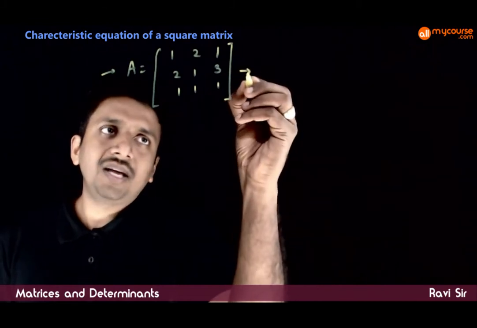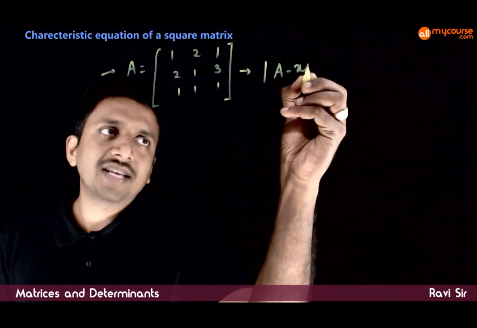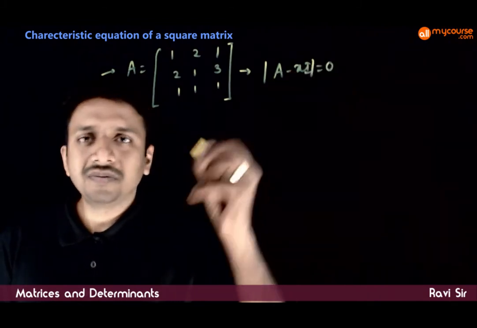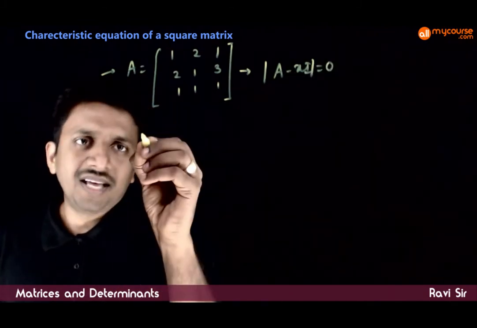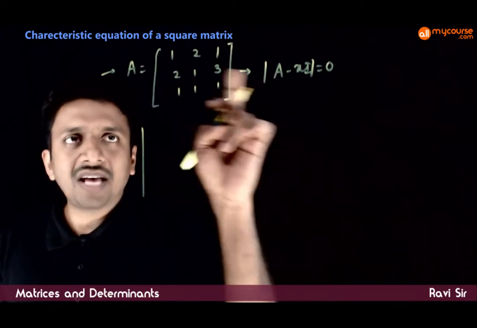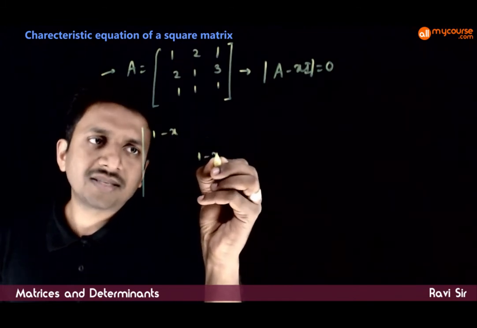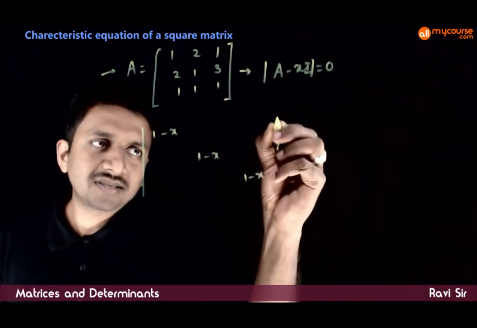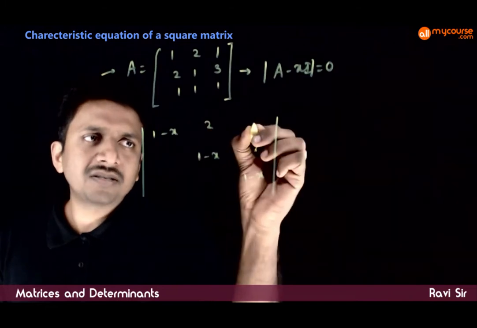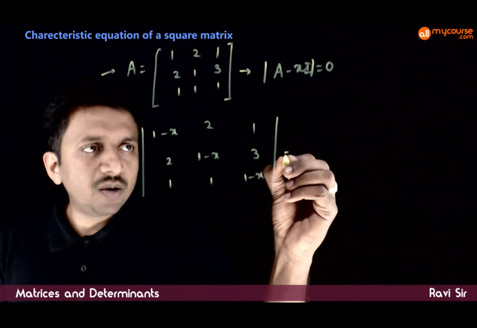The characteristic equation is det of A minus xI equal to 0. If you subtract x times I from A, you get 1 minus x, 1 minus x, 1 minus x on the diagonal, and all the remaining elements remain the same, equal to 0.